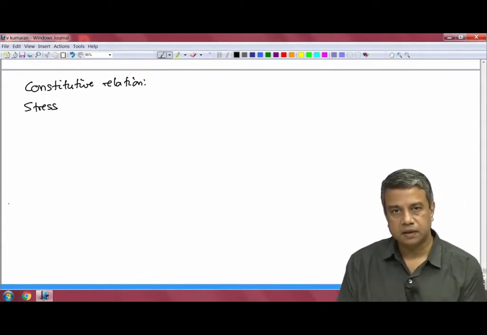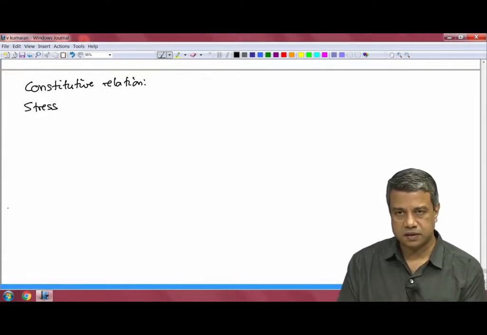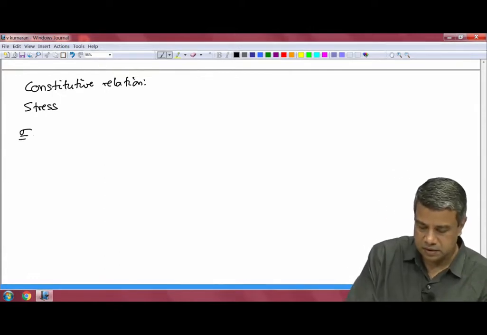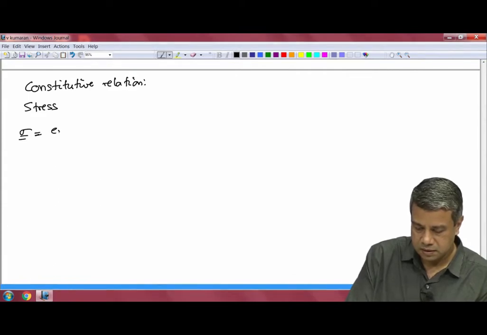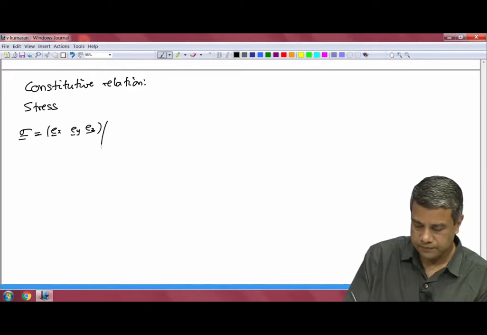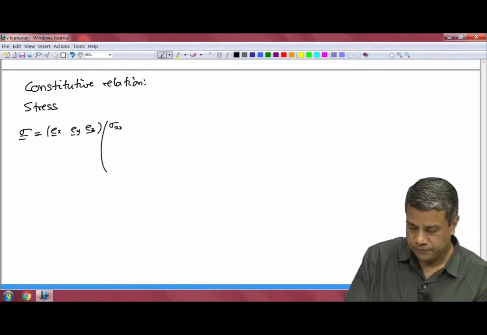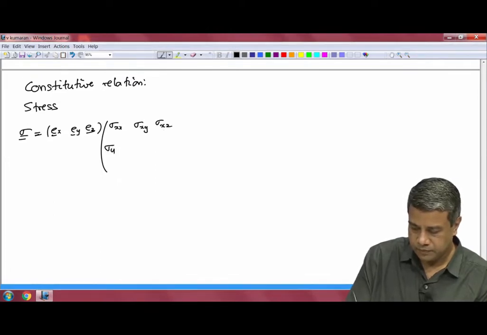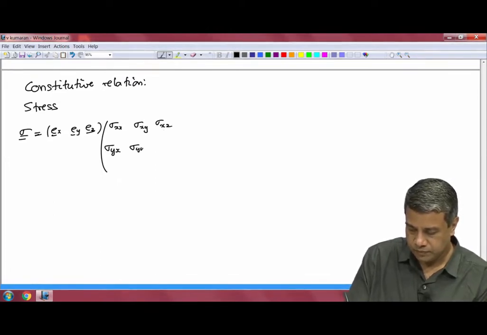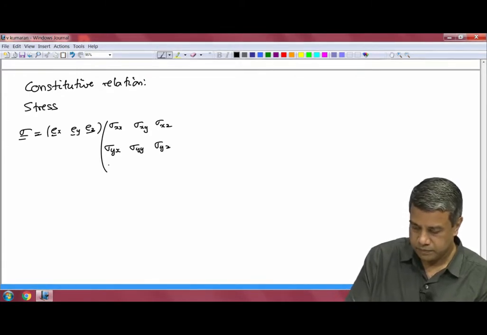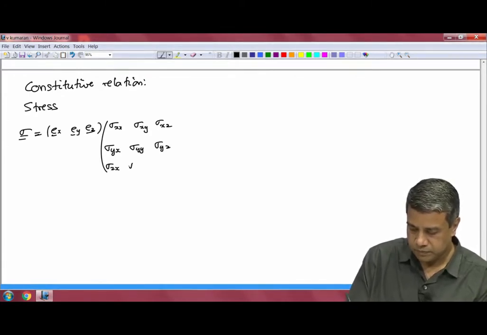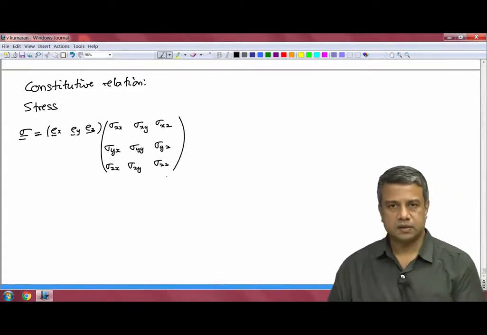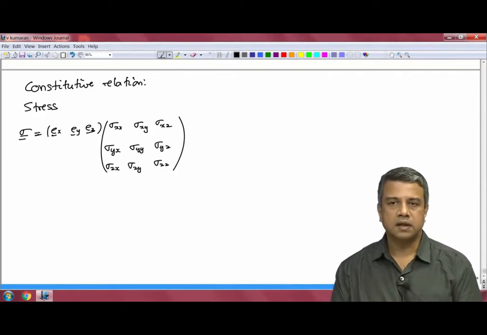Second order tensor has two directions associated with it.